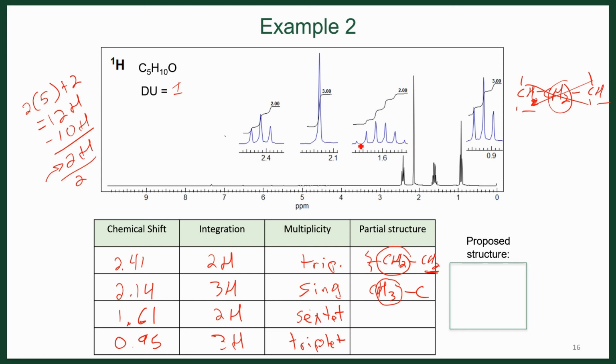Now let's look at this sextet here, where we have a CH2 group based off of the integration values, and now we have to have 6 neighboring hydrogen atoms. So we can't have all of those 6 hydrogen atoms on the same carbon, because that would be greater than the possible valency associated with carbon, but we can have a CH2 on one side and a CH3 on the other.